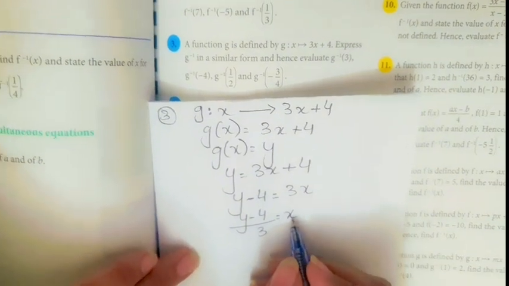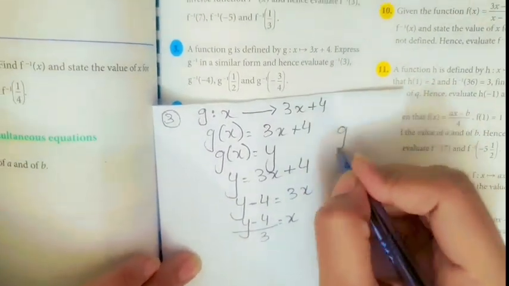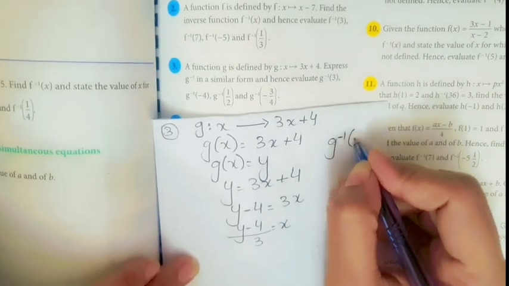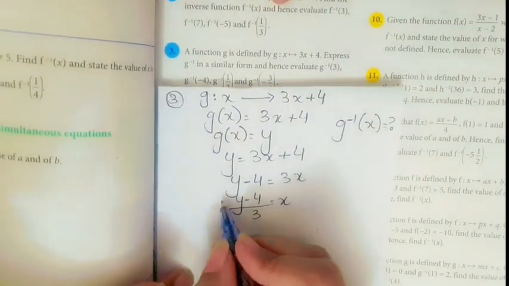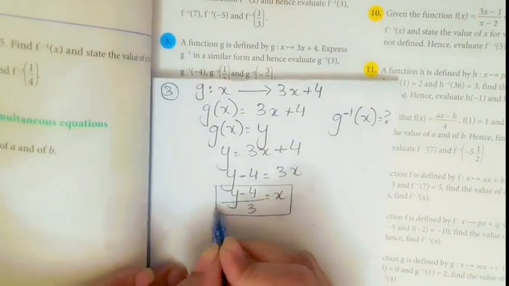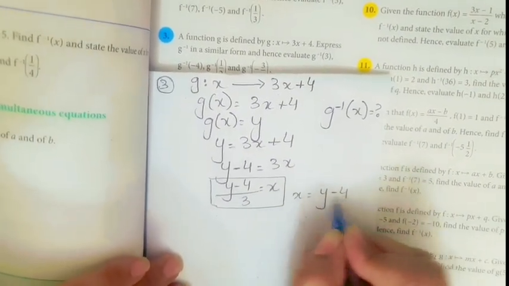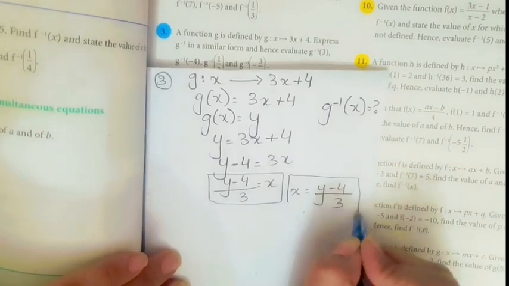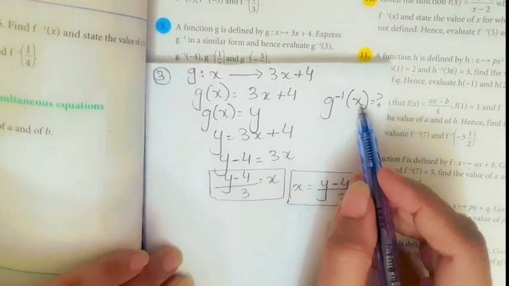And we want g inverse of x. Okay, this is the value of x we have found out. I'm writing it this way: x = (y - 4)/3. This is the value of x. Now we have to find g inverse of x.